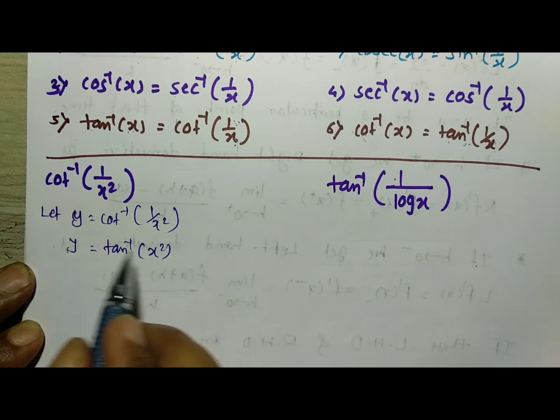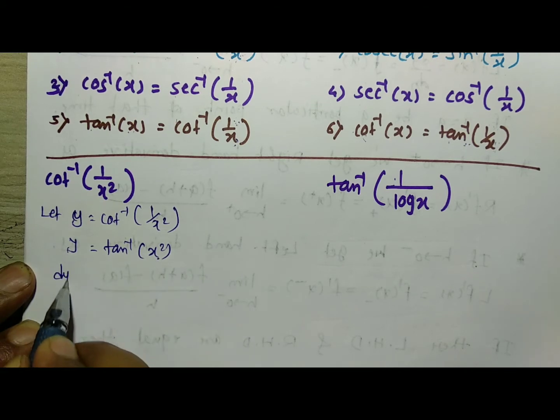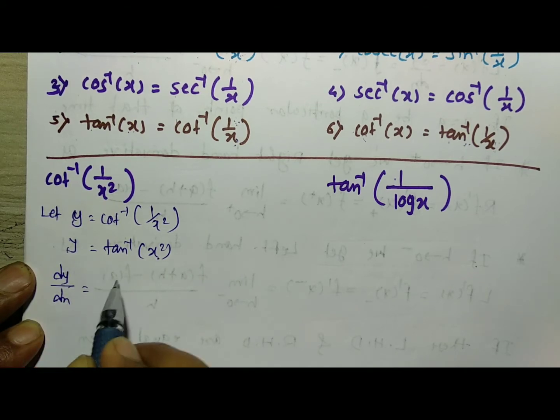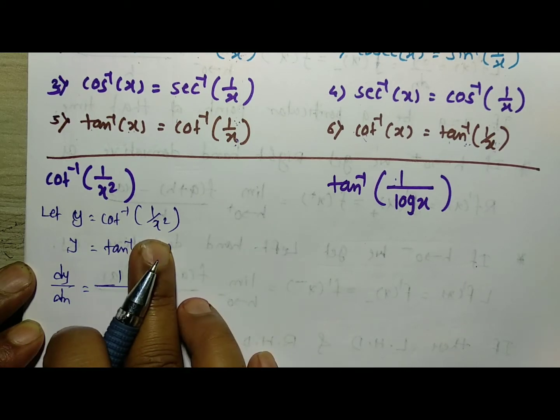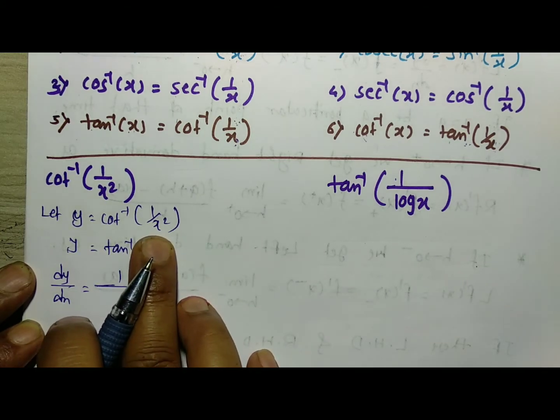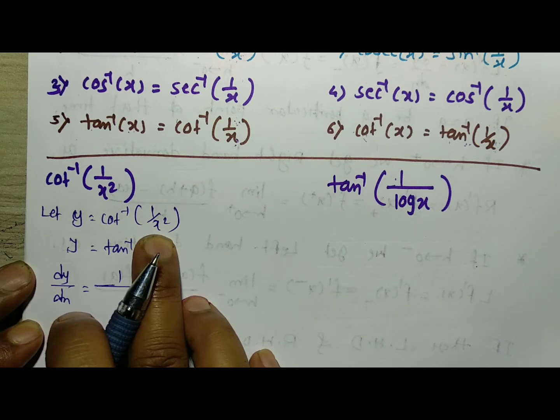By using the inverse trigonometric composite function, this is the f of x, and therefore the derivative of y with respect to x, dy by dx, is equal to 1 divided by, we know that tan inverse having the derivative, we cover this x square with your finger and find out the derivative of tan inverse x is 1 divided by 1 plus x square.